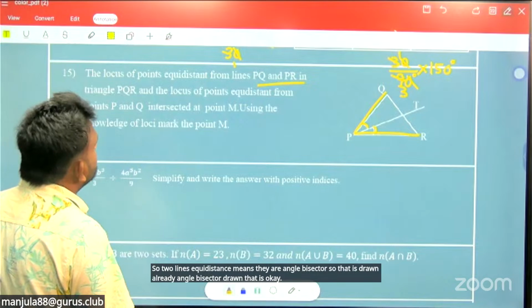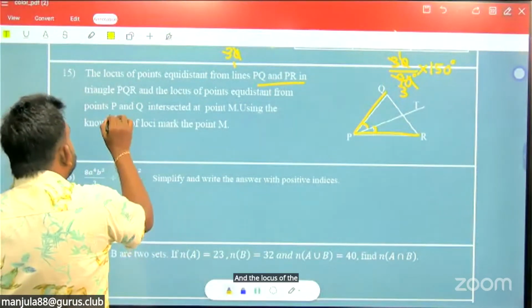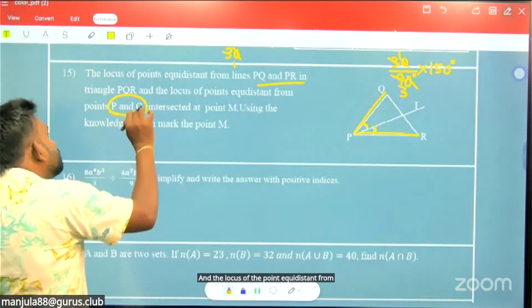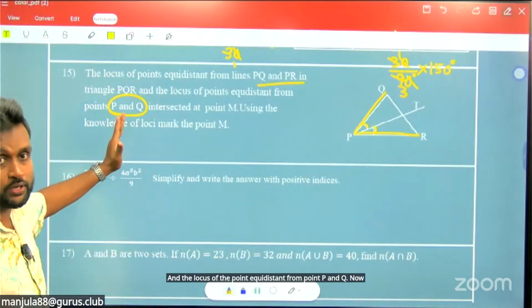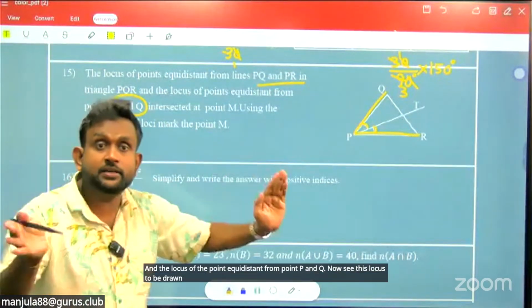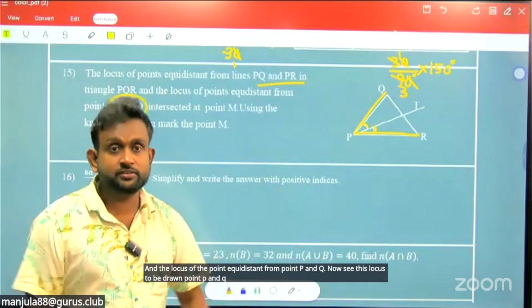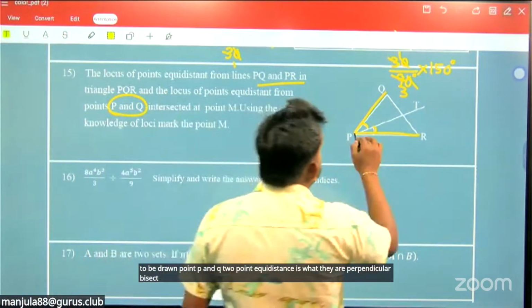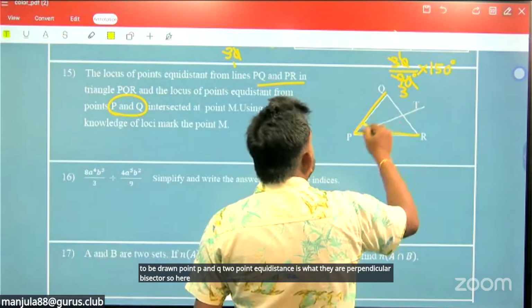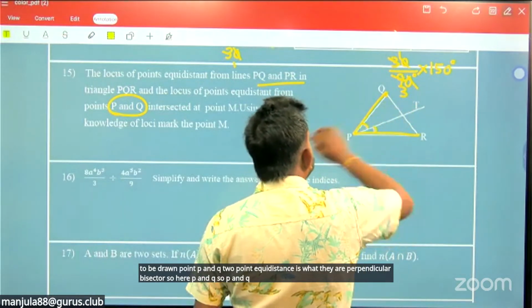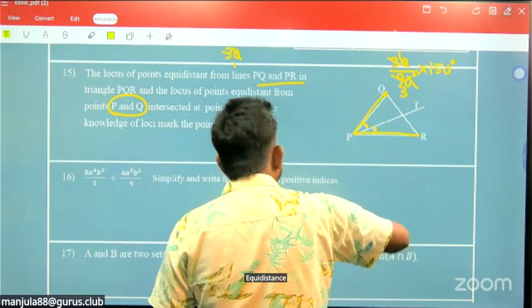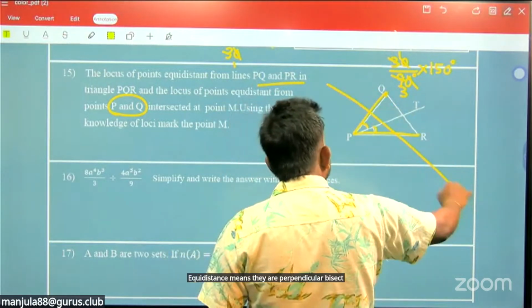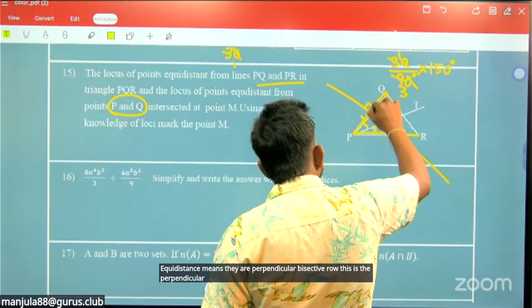And the locus of the point equidistant from point P and Q. Now see this locus to be drawn. Point P and Q, two points equidistant means they are perpendicular bisector. You draw, this is the perpendicular bisector.